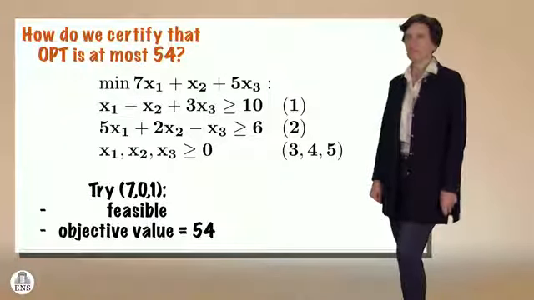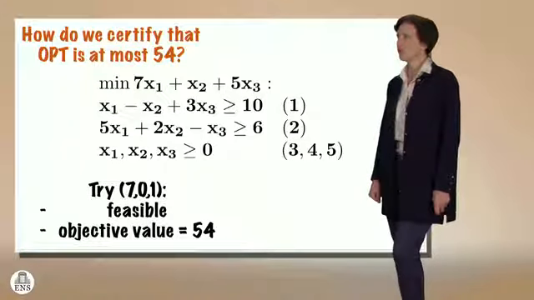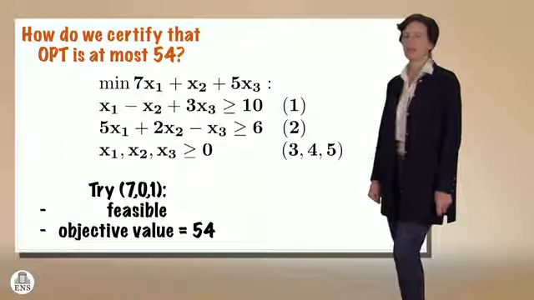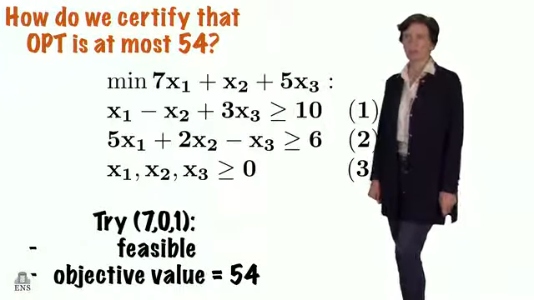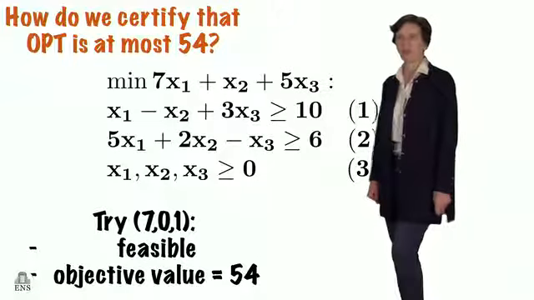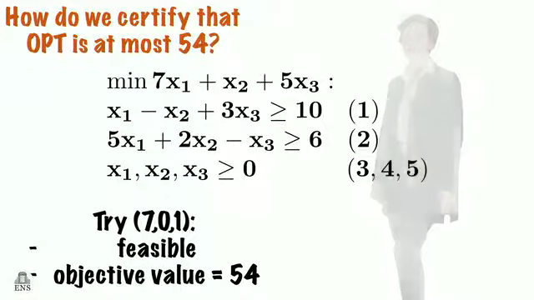Well, the answer is try a particular set of values for x1, x2, x3. Let's try x1 equal to 7, x2 equal to 0, x3 equal to 1.